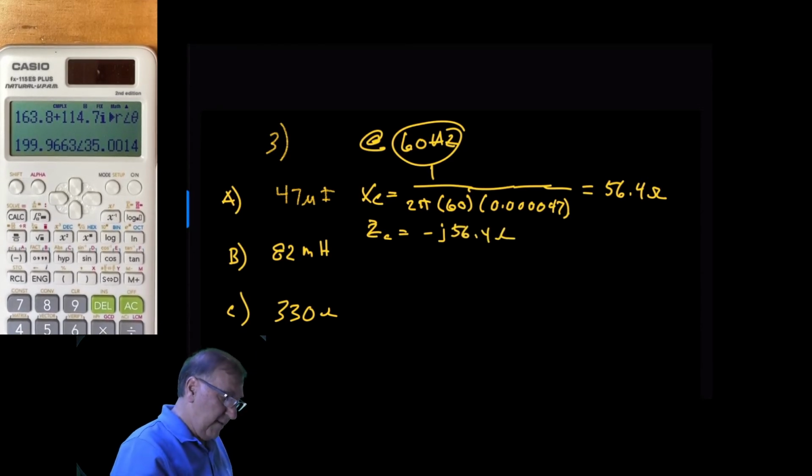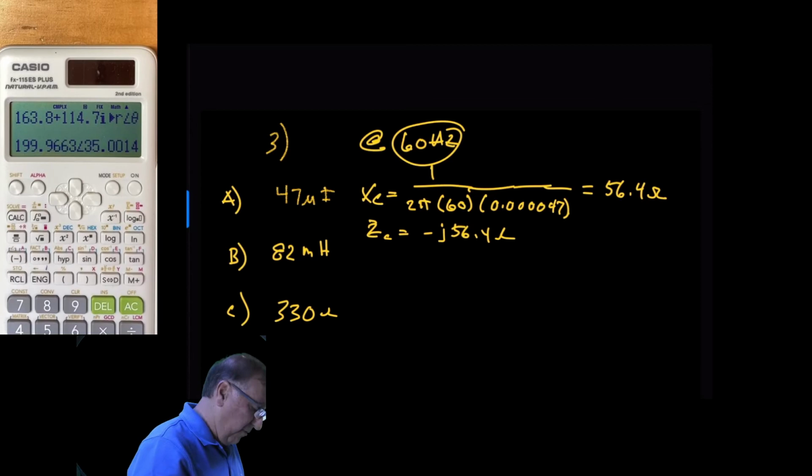Okay. For the inductor, X sub L equals 2 pi times the 60 frequency times 0.082 henries, and that equals 30.9 ohms.